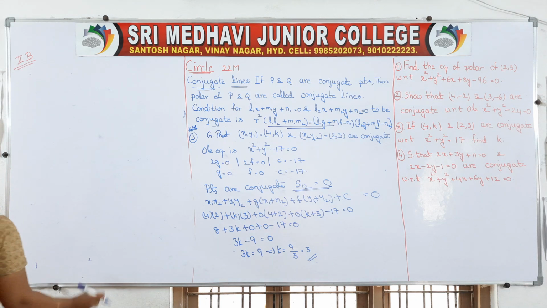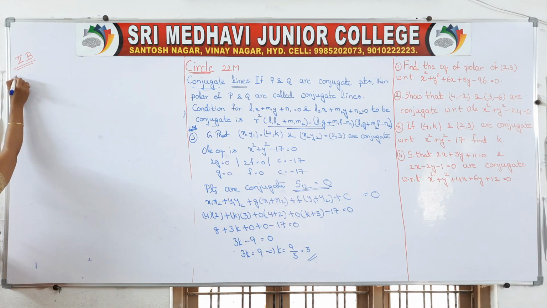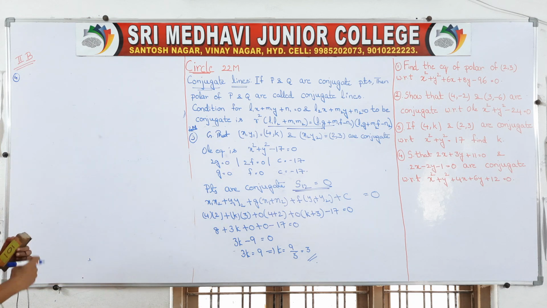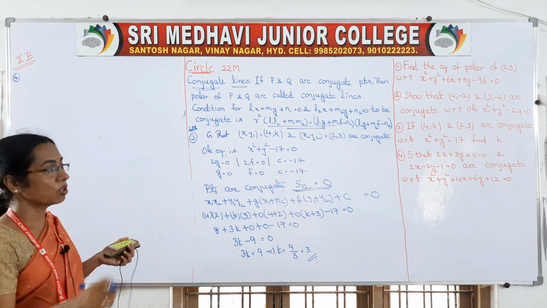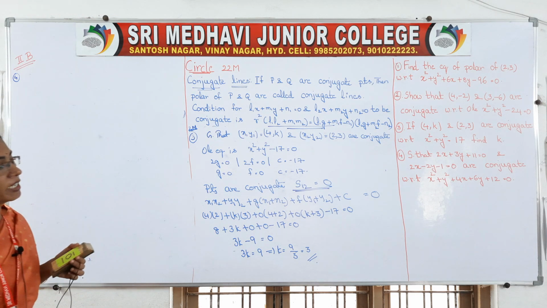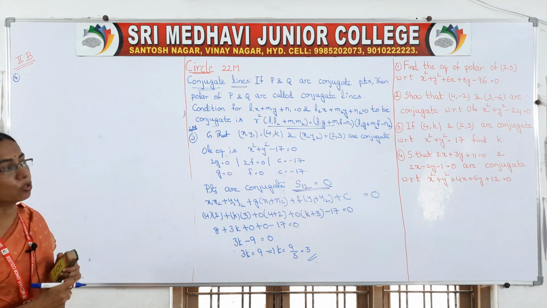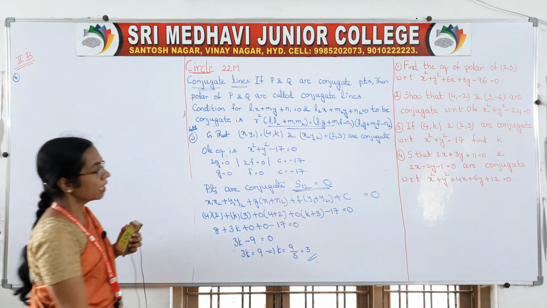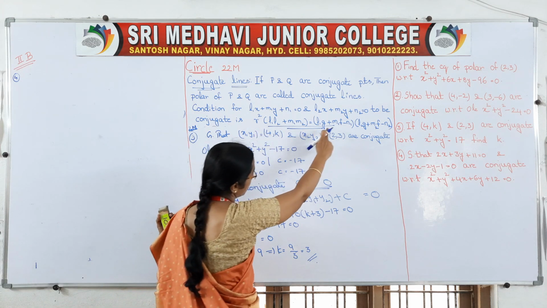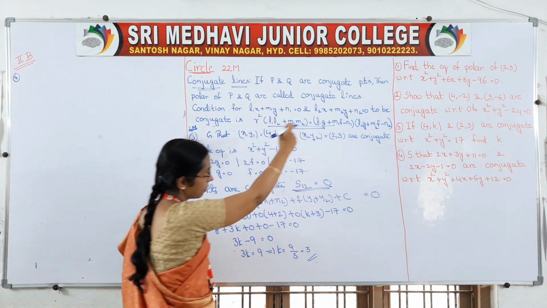So come on, now your fourth question. So 2 line equations are given to you and the circle equation is given to us, right? We have to prove that those 2 lines are conjugate. If we want to prove the conjugate lines, what are the requirements?